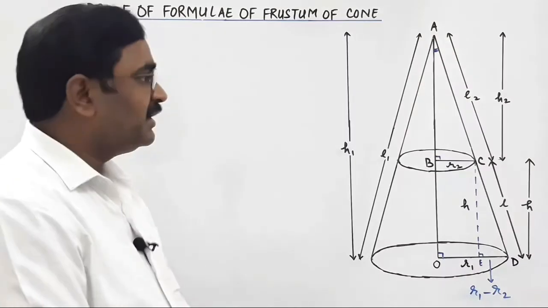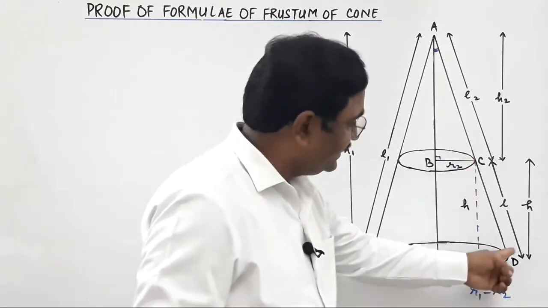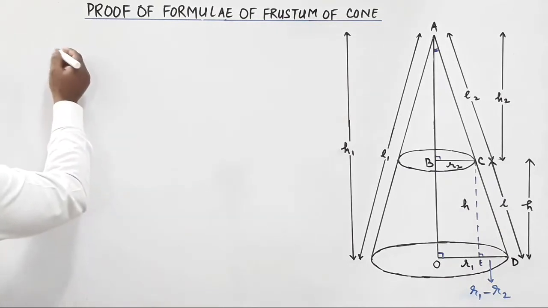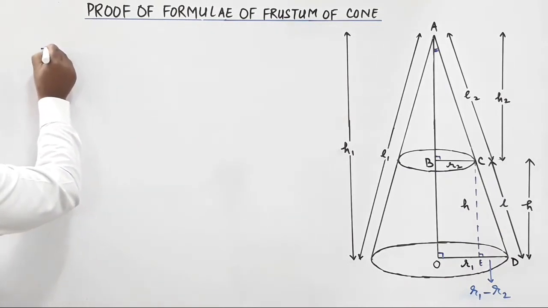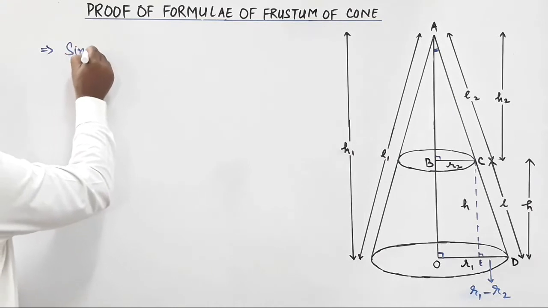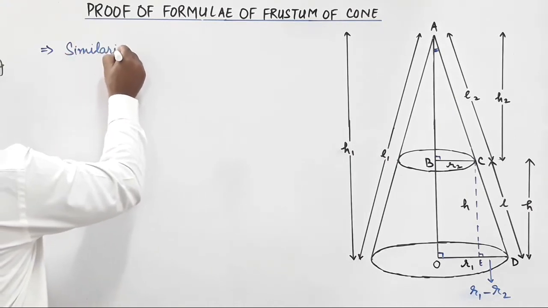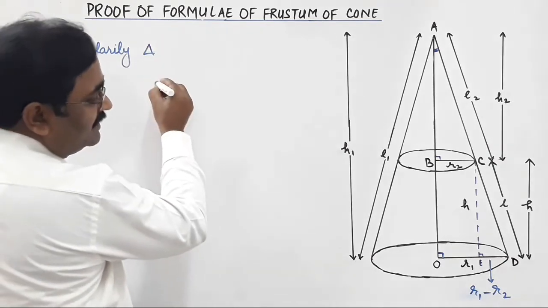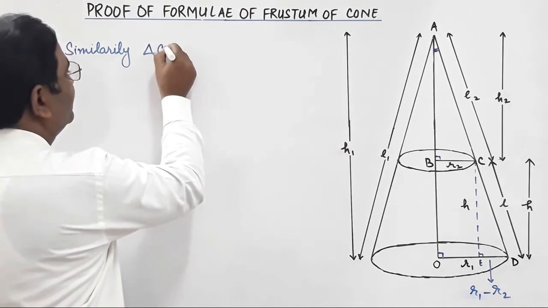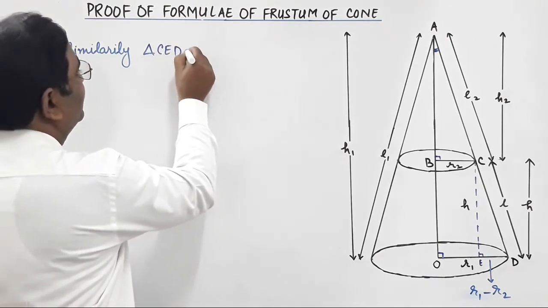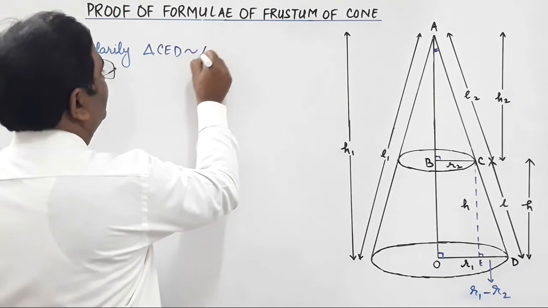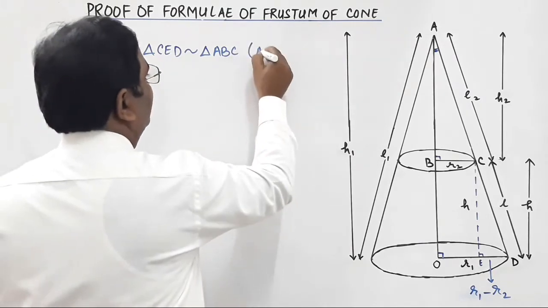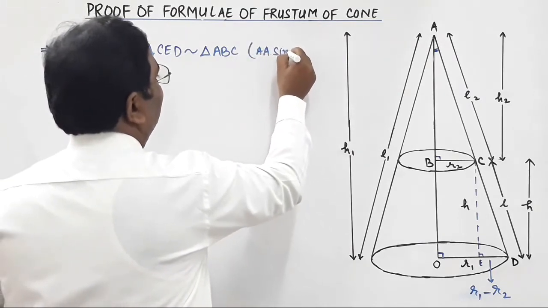Okay friends, so similarly we can say that this triangle CED is also similar to the triangle ABC, with the same angle similarity condition.